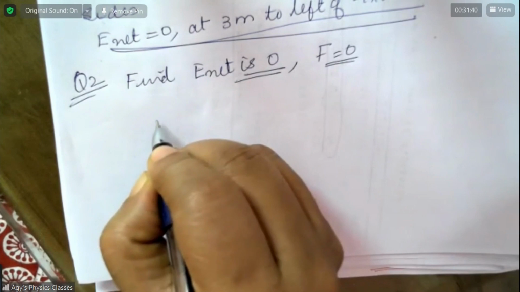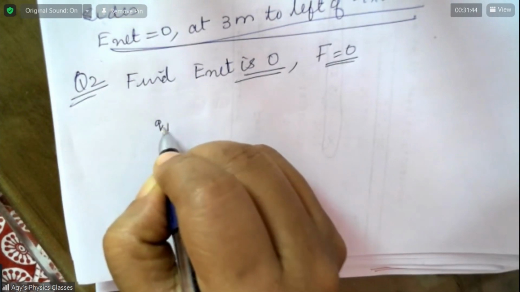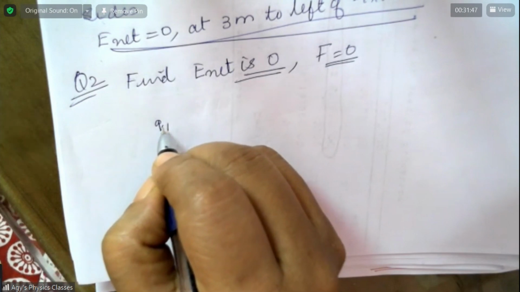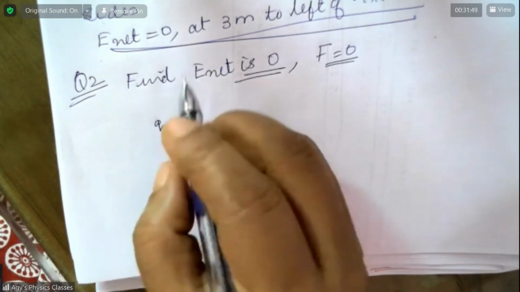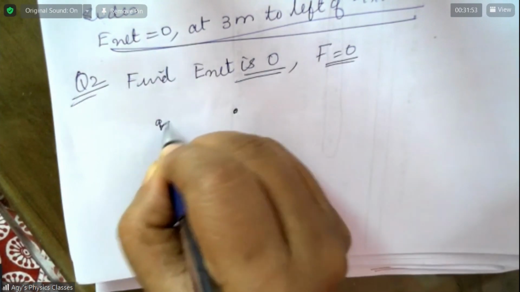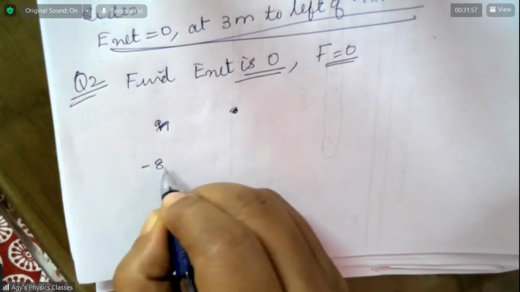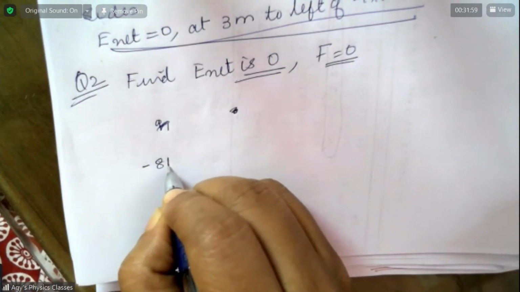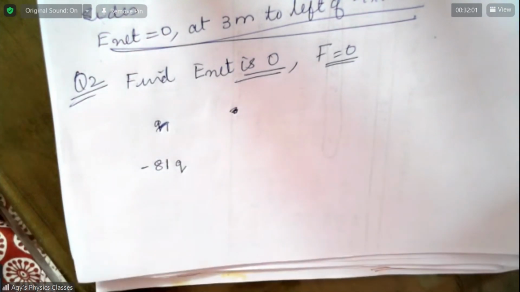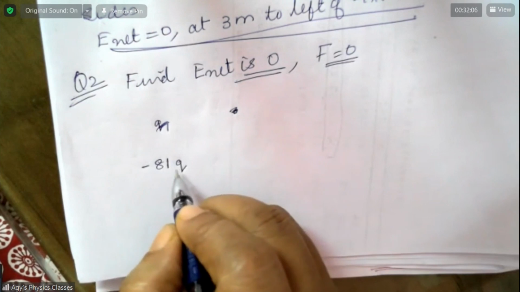This is the point. So this is Q1, which is 81Q. This is Q2. I'll write it like this, minus Q. Instead of giving 10 to the power of minus 6 and all, I'm giving it like this.